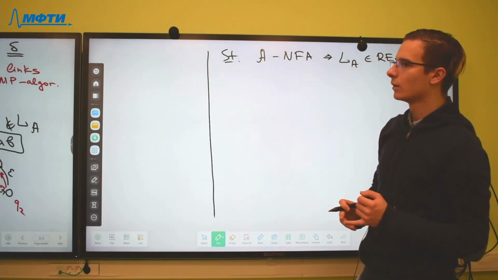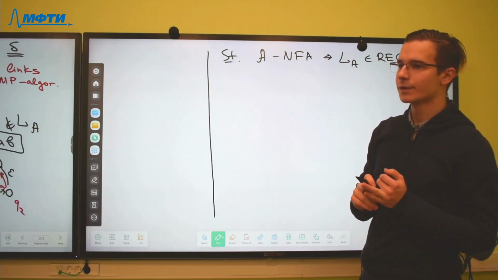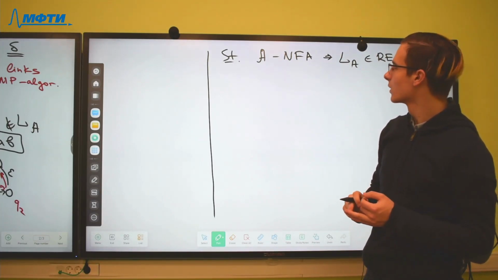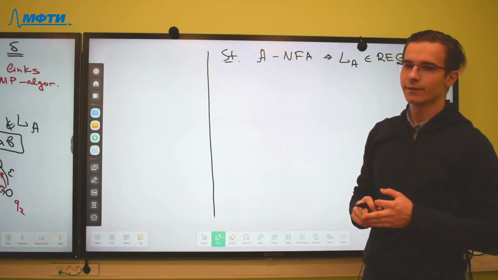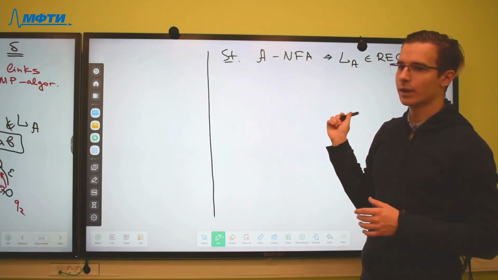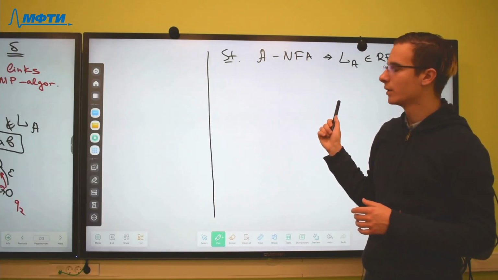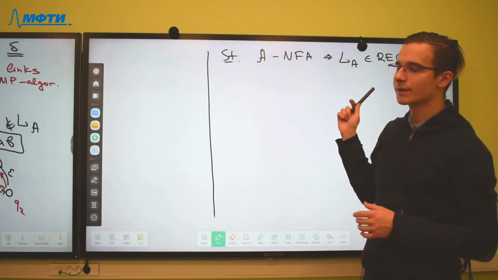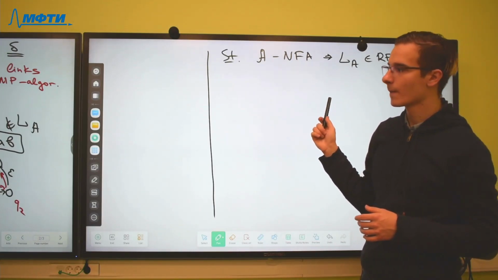So regular expressions, deterministic finite automaton, non-deterministic finite automaton, it is all about regular languages.